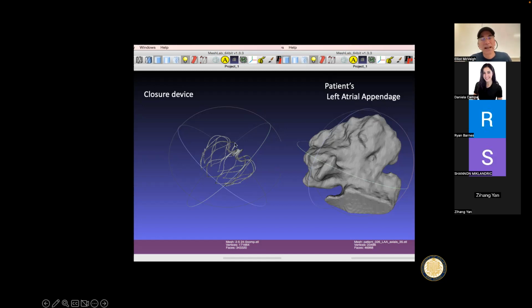So if anybody I knew was going to get a Watchman, I would say you get a CT and get this picture. And so they know exactly what size they're going to put in, because there's about 6 different sizes. Just like a TAVR, which is an artificial aortic valve that they put in under catheter approach, and all of those patients get CT before that goes in in order to size it.